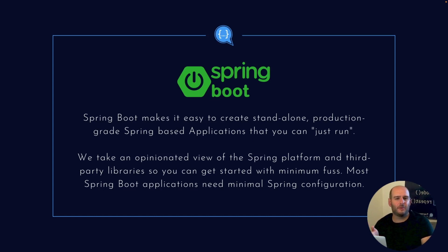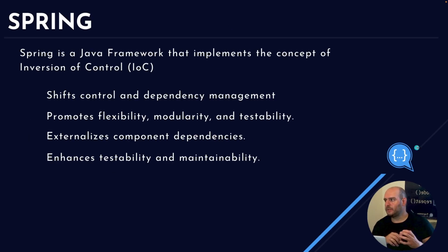But first, what is Spring exactly? Let's take a look at what Spring is. Spring is a framework that implements the concept of inversion of control. And what is inversion of control? Inversion of control is used to shift the control and the dependency management.